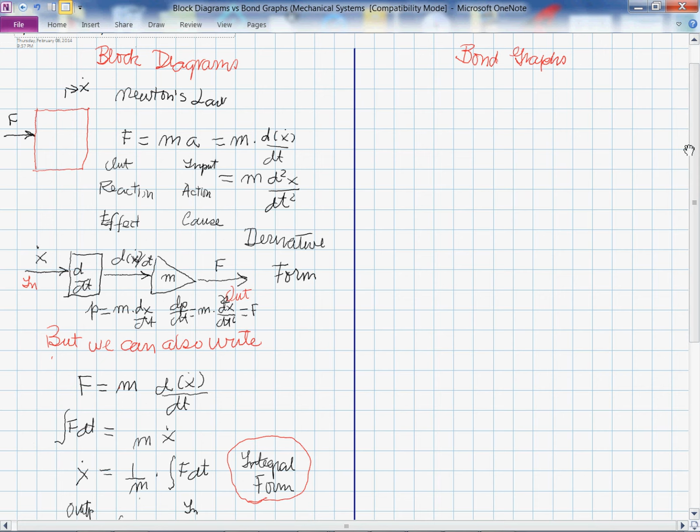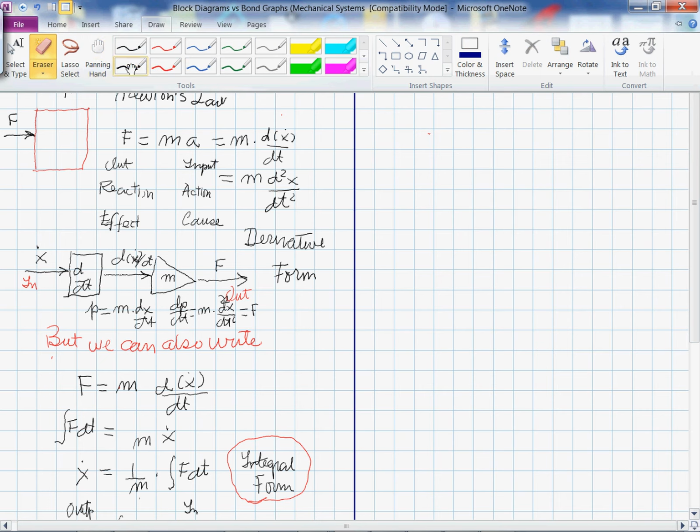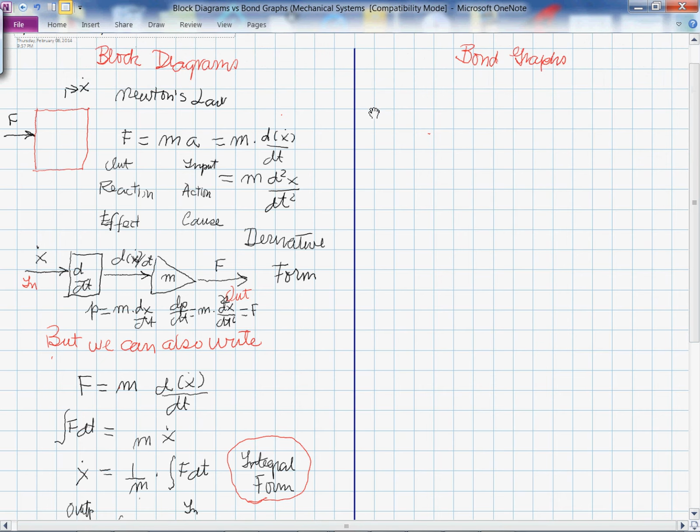Now let's take a look at the bond graph model on the right hand side, the representation that we want using bond graphs. And how do we represent the same thing using bond graphs? We use symbols like C or I. In this particular case we have an I element, so let me just correct this in here, and we're going to say this is my I element like this.